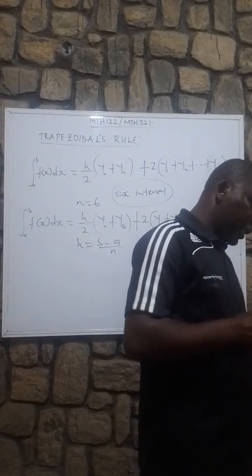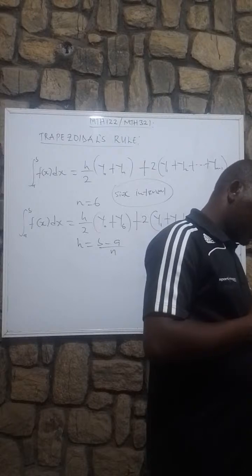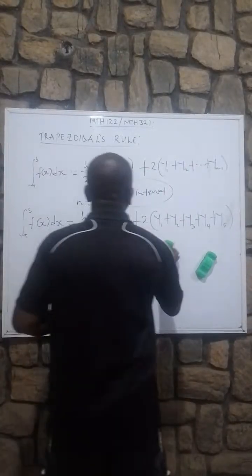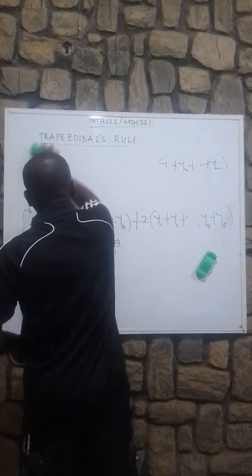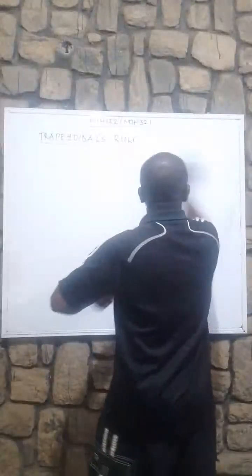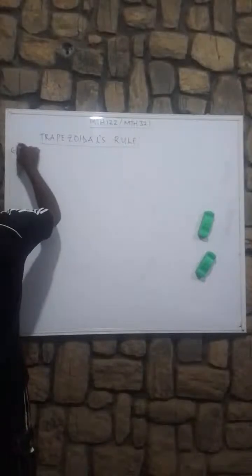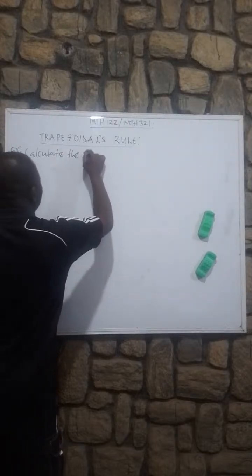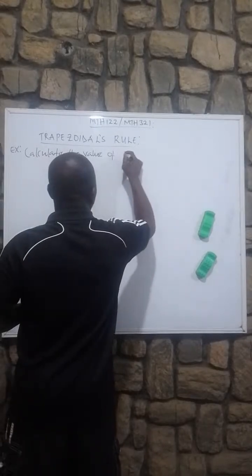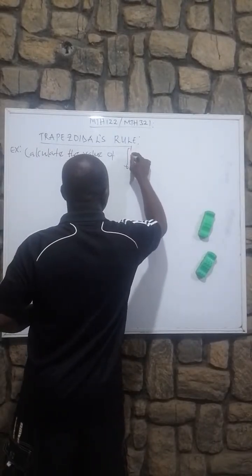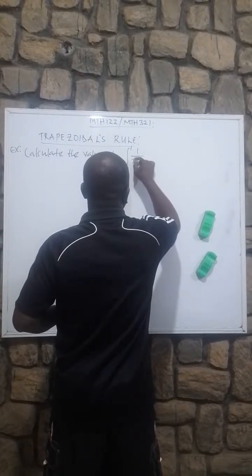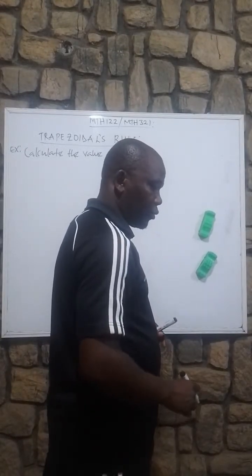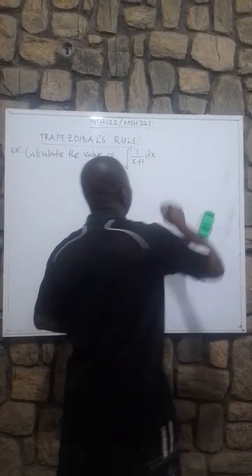One of the examples says: calculate the value of the integral from 0 to 1 of 1 all over x plus 1 dx, taking 6 intervals, by the trapezoidal rule.